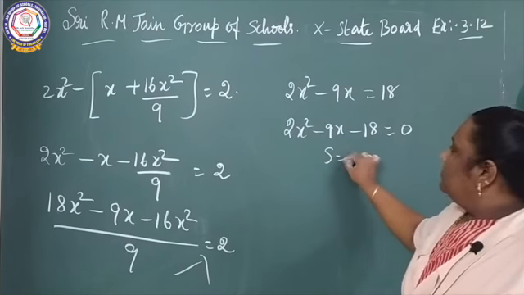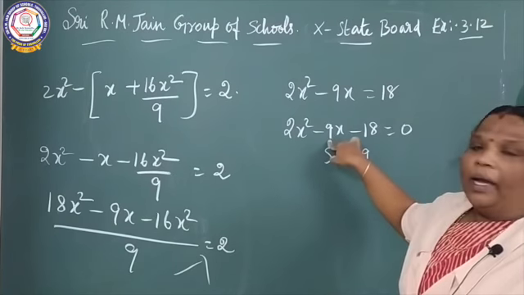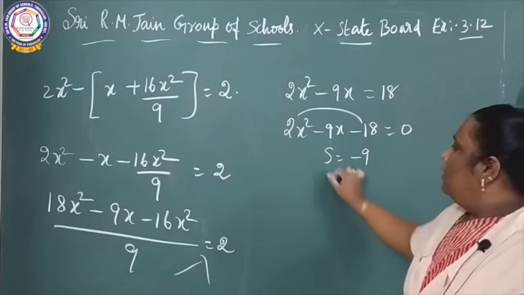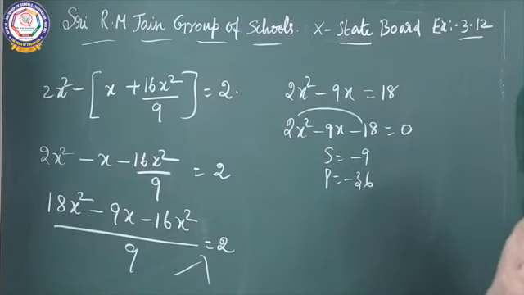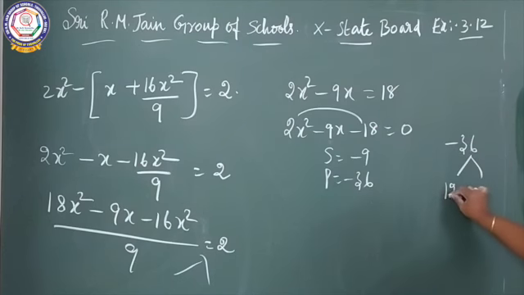What is the sum? Sum equal to minus 9. What is the product? Product equal to minus 36. You write down all the possible values, but you have to take only the required value here. 12 threes are 36. Minus 9 means minus 12 plus 3.